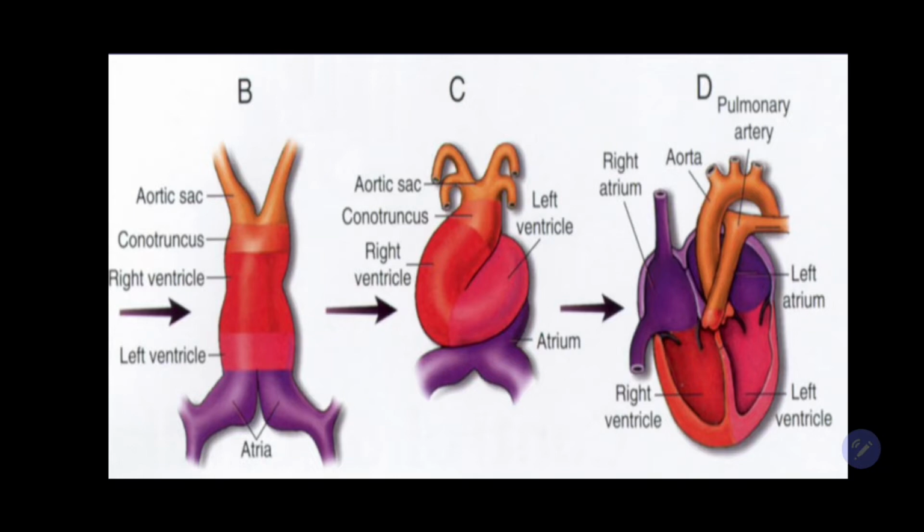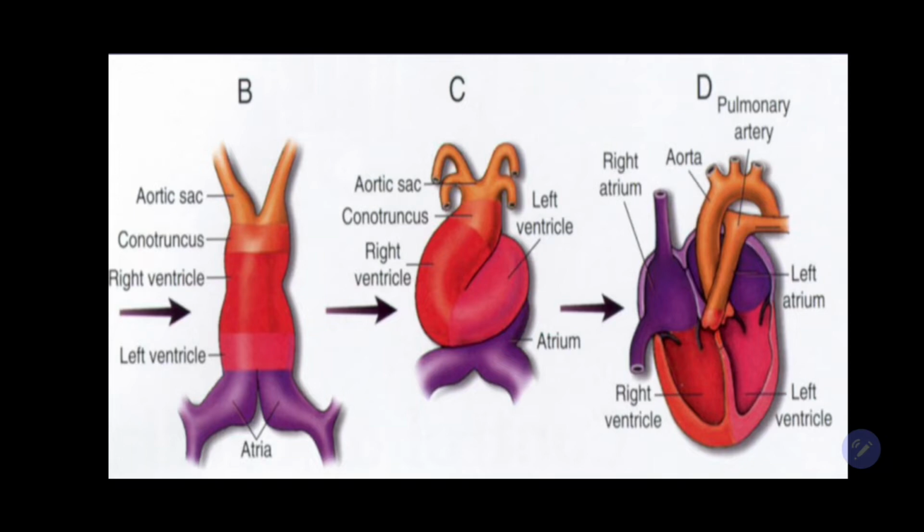So when you see here, the initial primitive heart tube is like this. It is formed by two endothelial heart tubes, and it will form the four dilatations and undergoes the bulboventricular loop formation or cardiac loop formation roughly around the 23rd day, and this looping completes by the 28th day, resulting in the truncus arteriosus, bulbus cordis, primitive ventricle, primitive atria and sinus venosus.